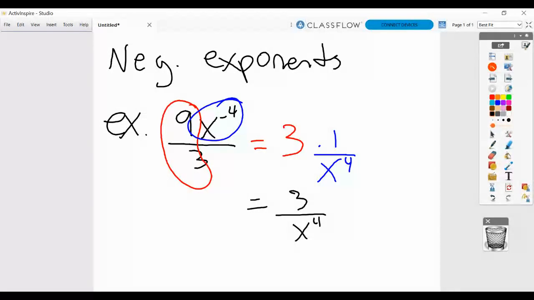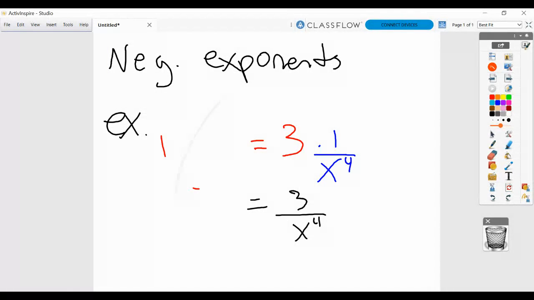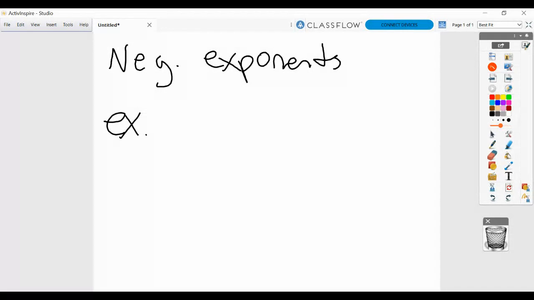Okay, let's do another one, because the more practice, the better. So let's say you have something like this. 12 over 4y to the negative 5th. So again, you want to think of this as two parts.